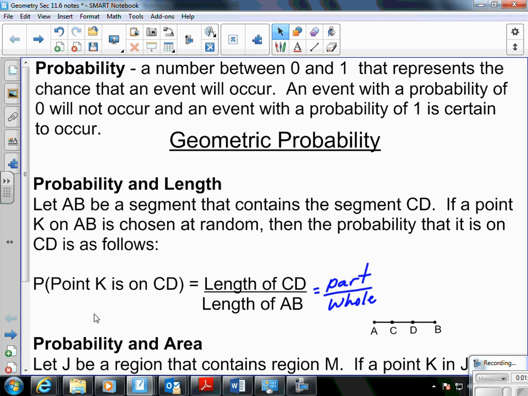So when we look at this probability, what we're really looking at is the part over the whole. Right? So whatever part that we're looking at the probability of it happening in, divided by the entire length, the whole item.